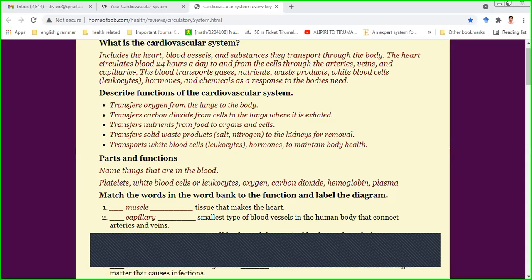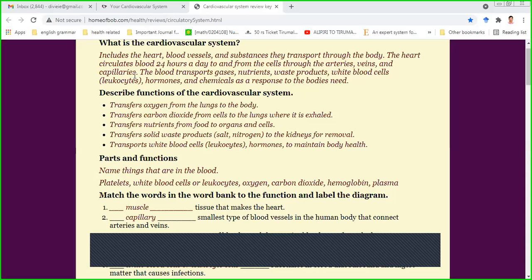These capillaries interchange the oxygen and carbon dioxide. The low oxygenated blood from the veins is converted into high oxygenated blood. That takes place at the capillaries.